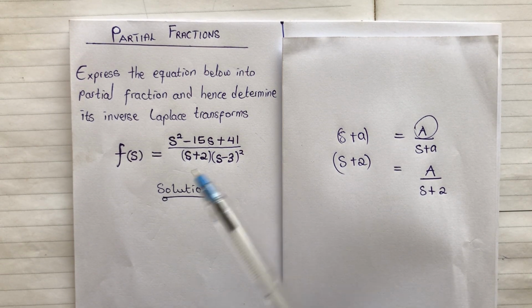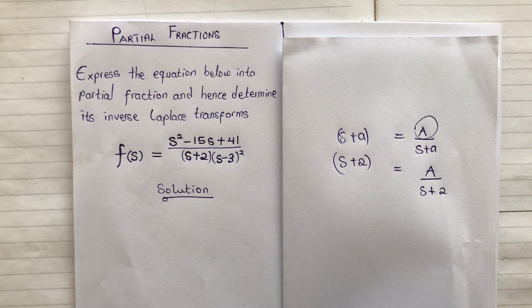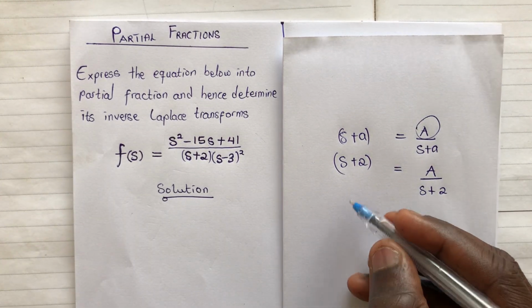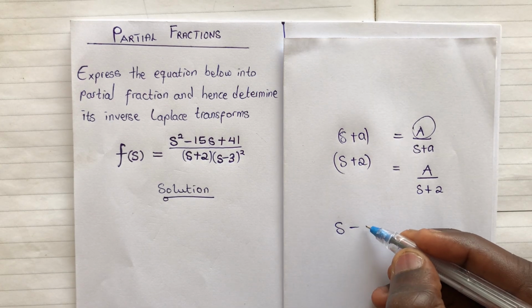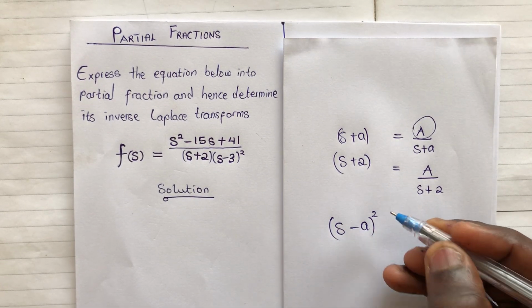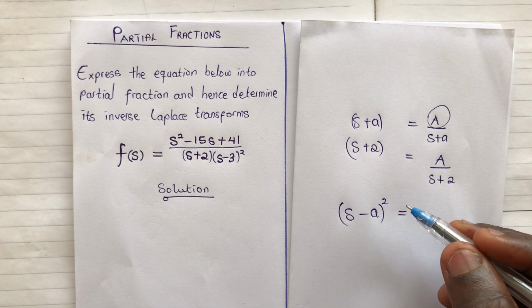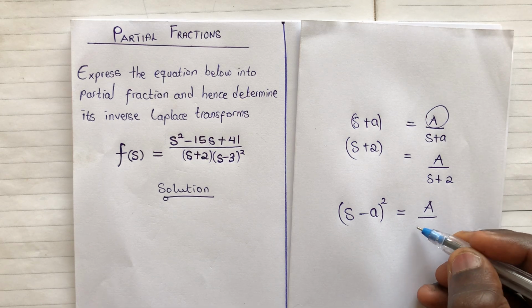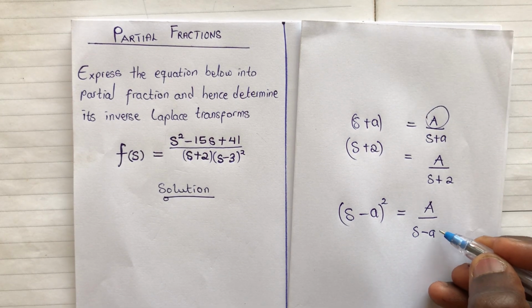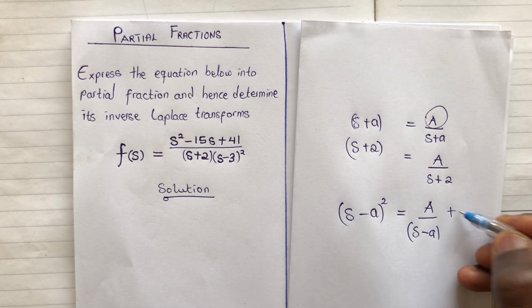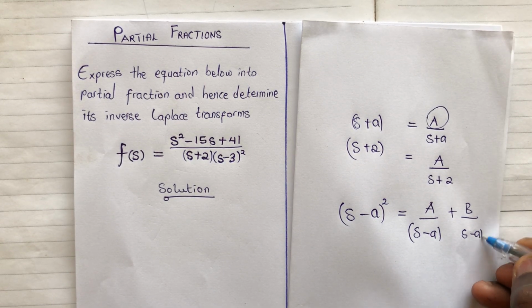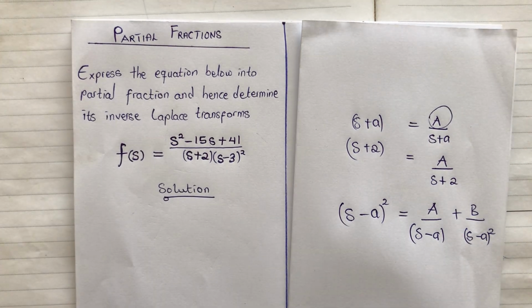The rule for this part says that anytime you have a repeated factor, let's assume I have (s minus a) squared, converting this into partial fractions, you have the first constant A over s minus a, plus B over the same s minus a, but this time you square it.